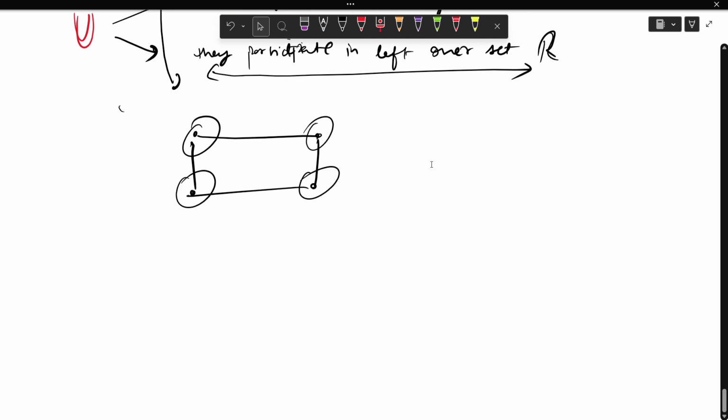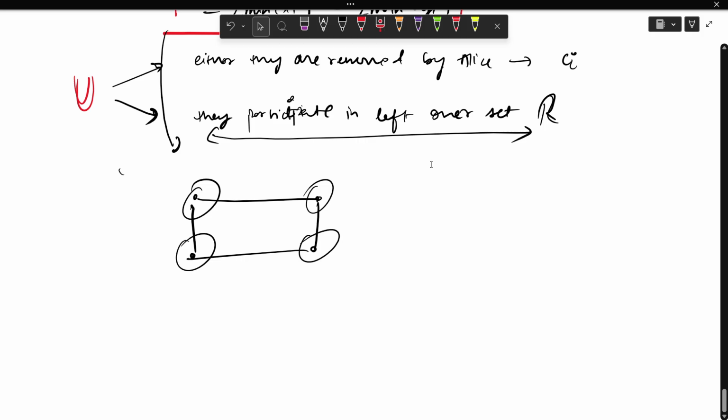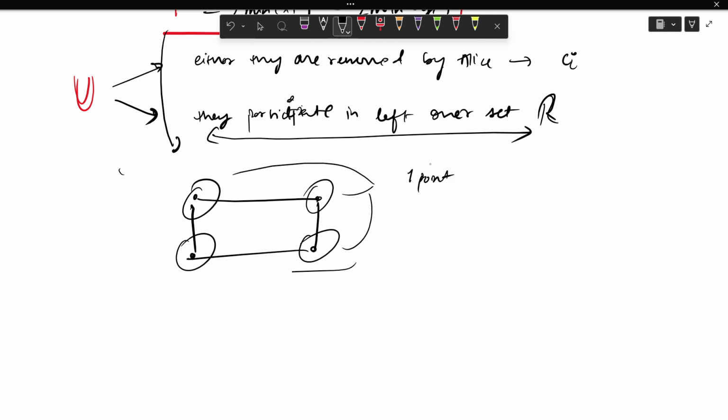So how do we check if a point belongs to a particular set or not? Since each of the points has four choices, basically it can contribute in four possible ways in the candidature, not exactly being a part of the perimeter. So when we have only one point, that point is contributing to all the possible four cases, right?